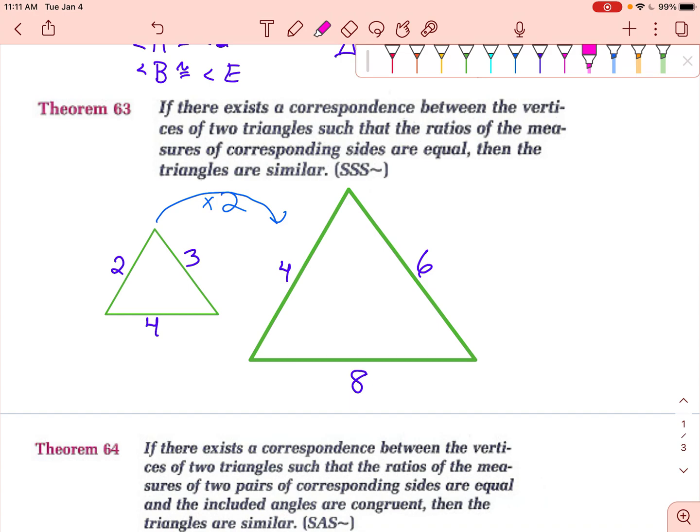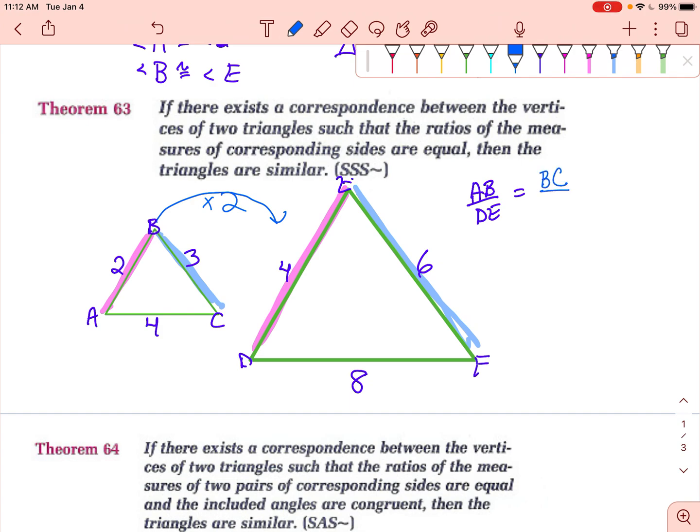Okay, so if I'm actually identifying or looking at the correspondence between the sides, so if I look at the smallest side here and the smallest side here, and again, I'm going to call this A, B, C, and D, E, F. So you guys can see that if I put AB over DE, that ratio is the same as BC over EF, which is again the exact same ratio as if I was to say AC over DF.